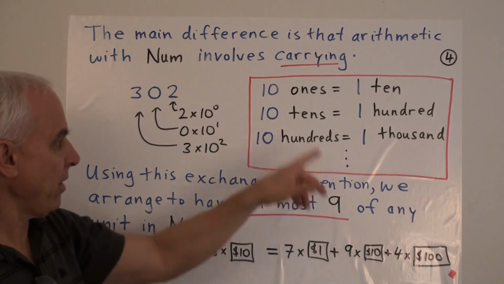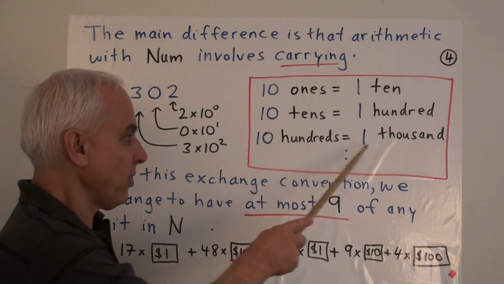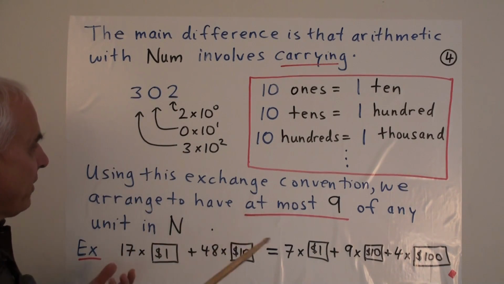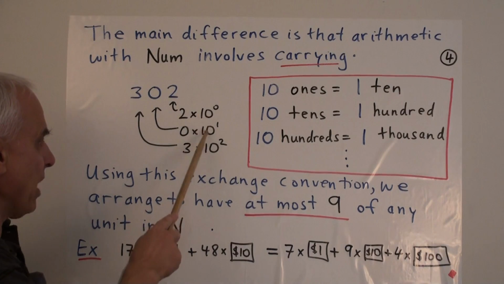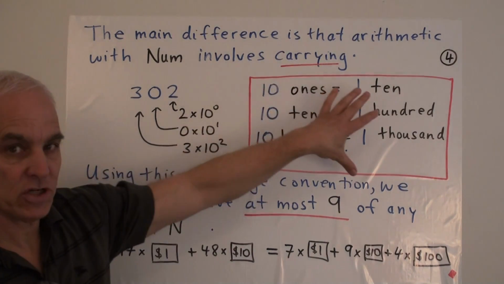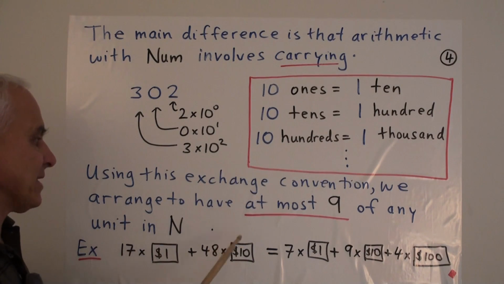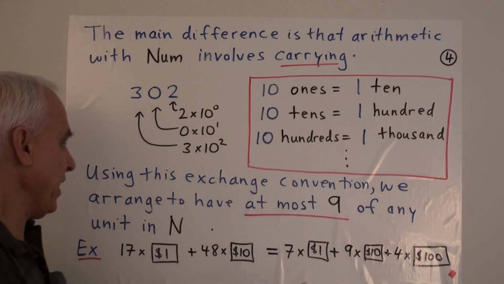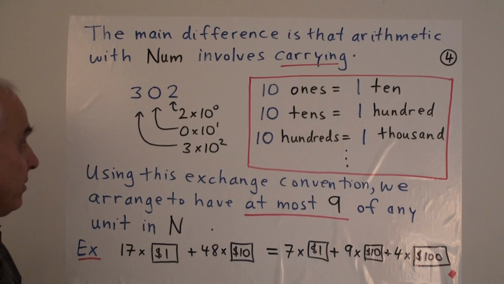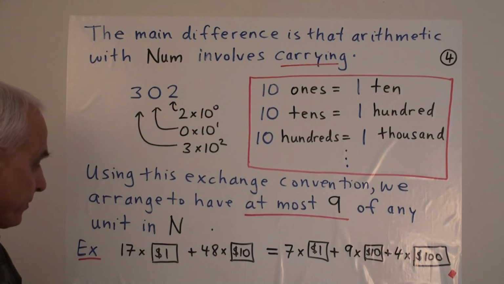They're exchangeable, while 10 tens is the same as 100, and 10 hundreds equals 1,000, and so on. And that applies to each one of these positions, and it's kind of obvious because we have just powers of 10. All right, so it's using this exchange convention, really, this is underlying the fact that in the Hindu Arabic system we end up only having at most 9 of any quantity in any position. Right? We can jack that digit up to 9, but no further.